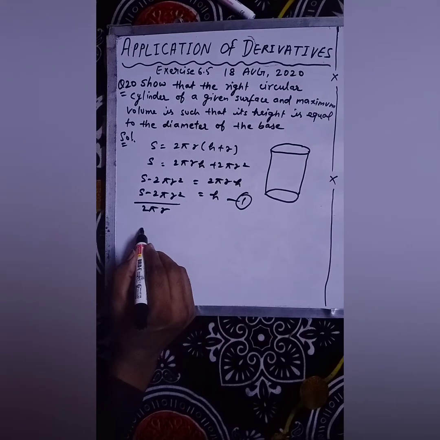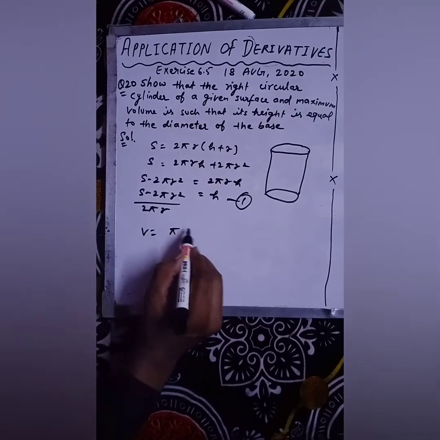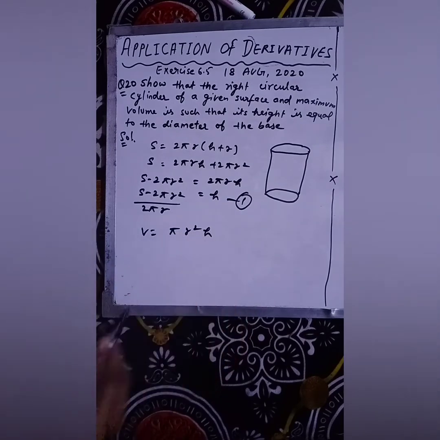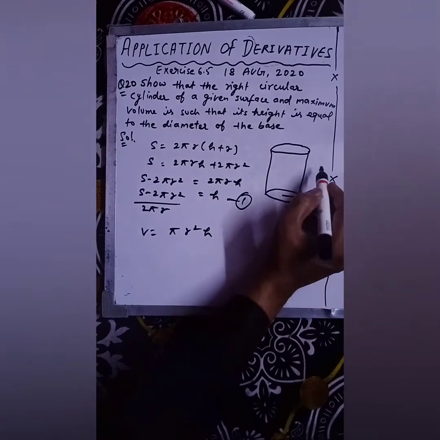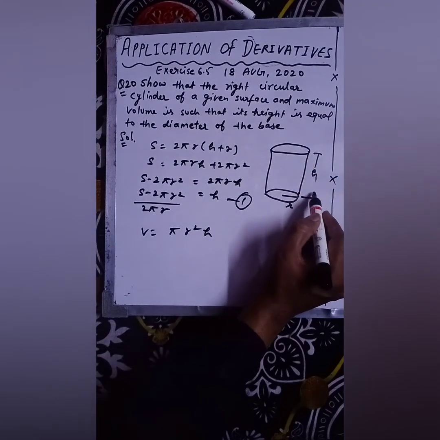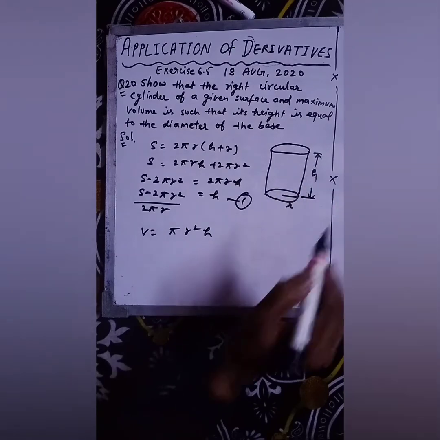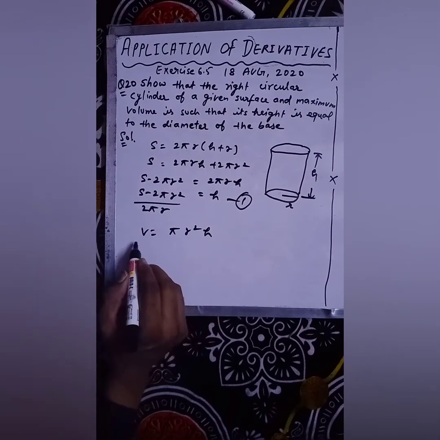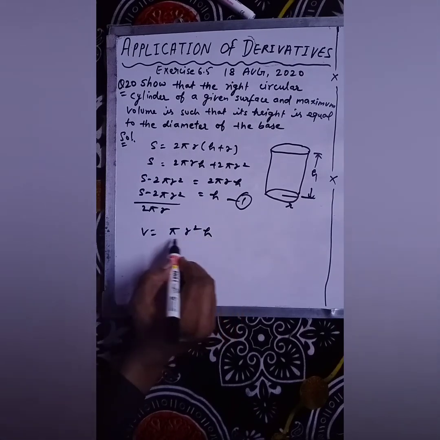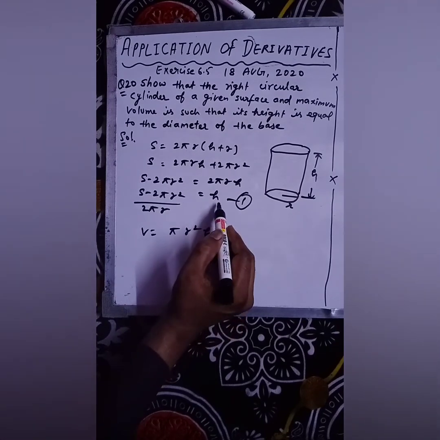So the volume of the cylinder is pi r square h. This small r is the radius of the cylinder and h is the height of the cylinder. Got it? Here we are putting the value of h from equation number 1.